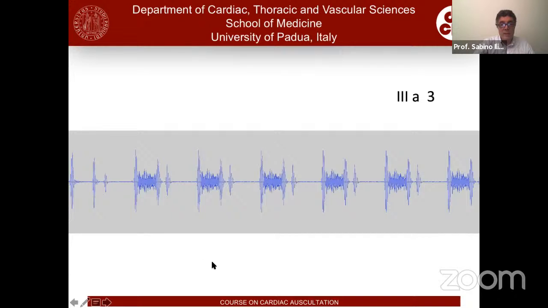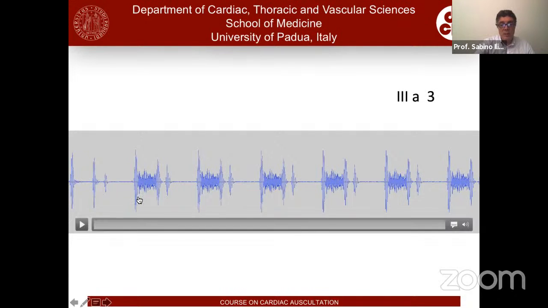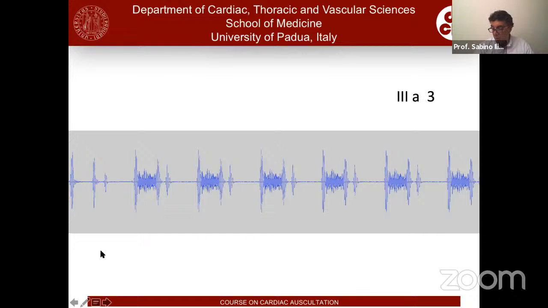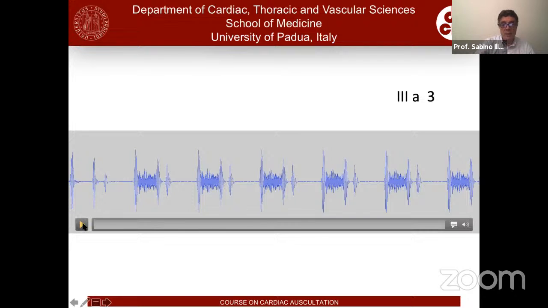So before I start, please appreciate here the first sound, the regurgitant murmur, the second sound, and the third sound. So let's listen to this example with the eyes open, and then we shall close the eyes in order to better appreciate the third sound especially.